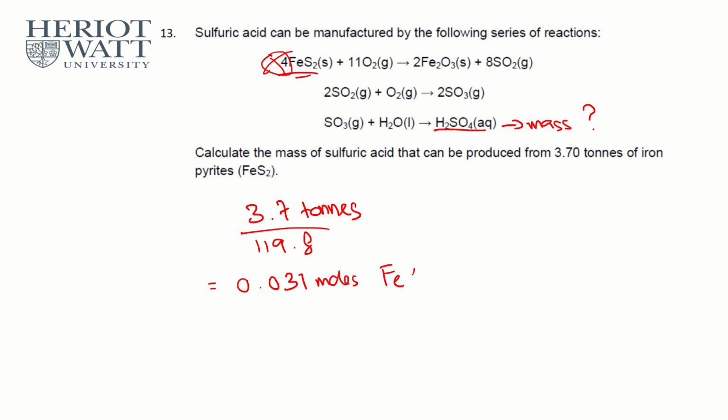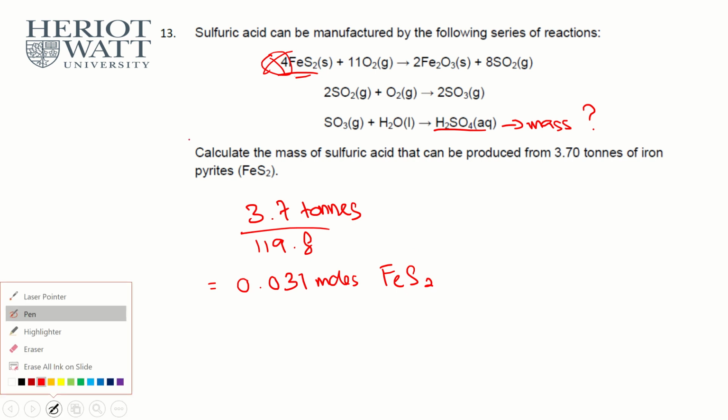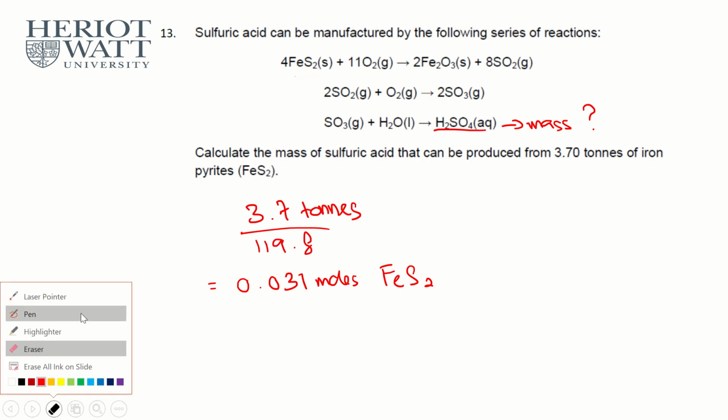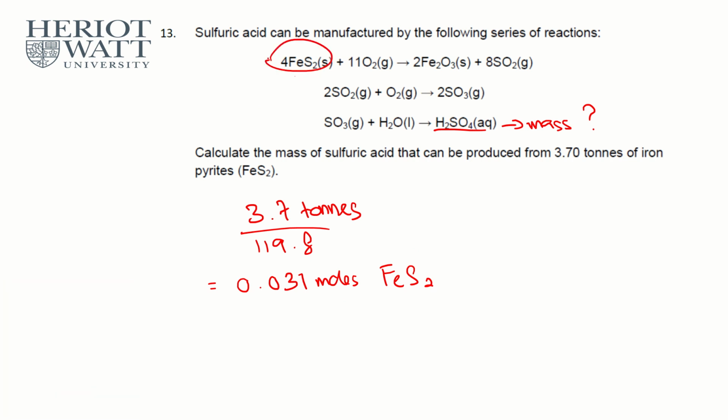Now from the equations here, we have to look at the ratio because this is a continuous reaction, step 1, 2, 3. So 4 moles of FeS2 produce 8 moles of SO2, because SO2 starts here. From here to here, you just need to times 2.